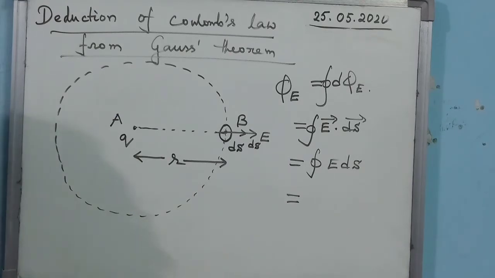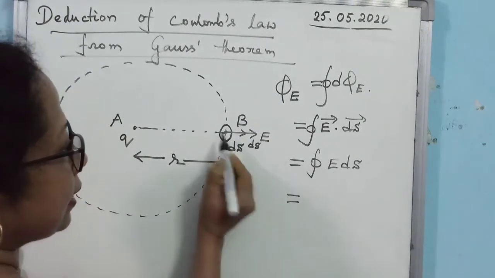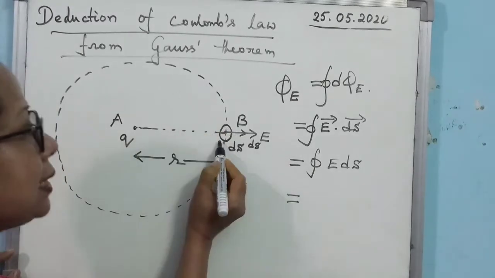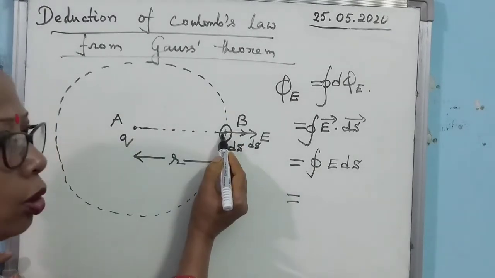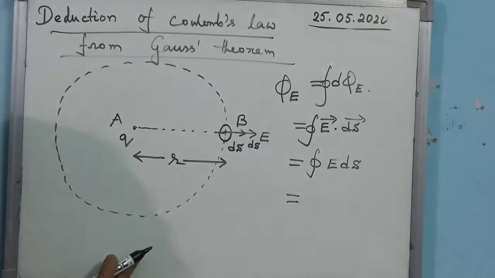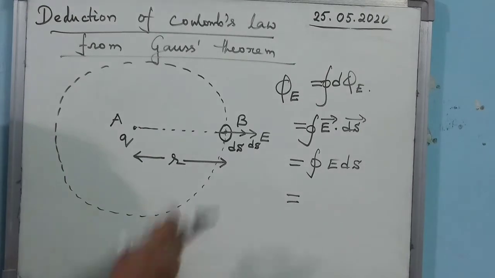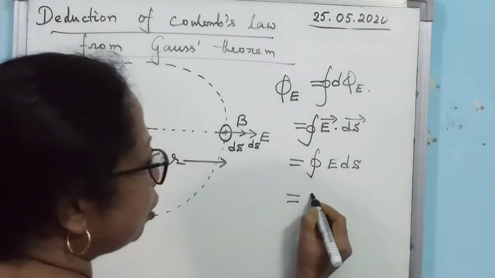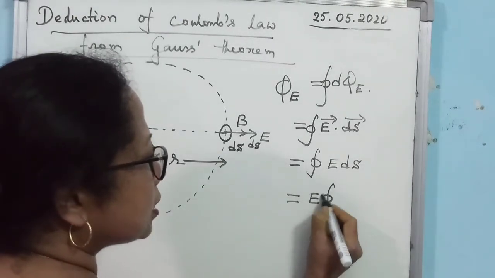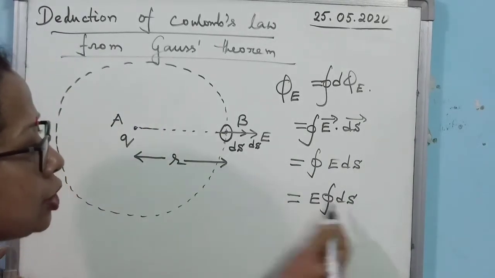So as E is the electric field intensity at this point and it is a Gaussian surface, it should be the same over the entire surface, independent of the position over the surface. So you can take E outside the integration, and it becomes E integration ds.